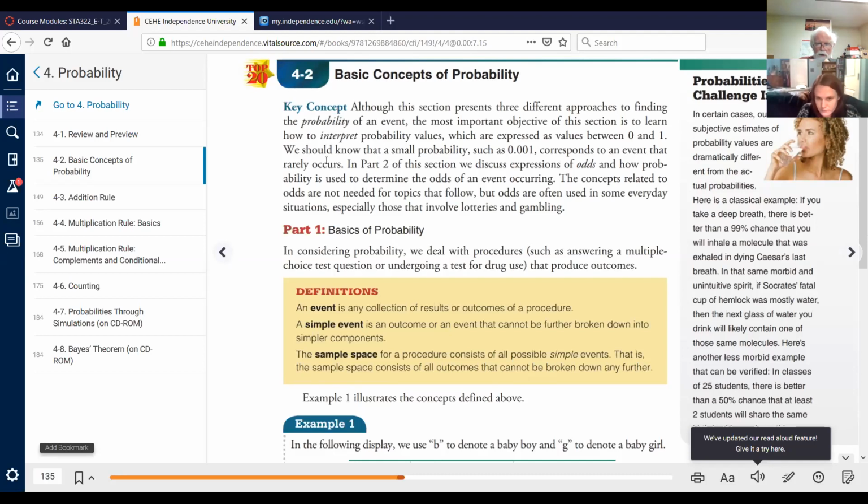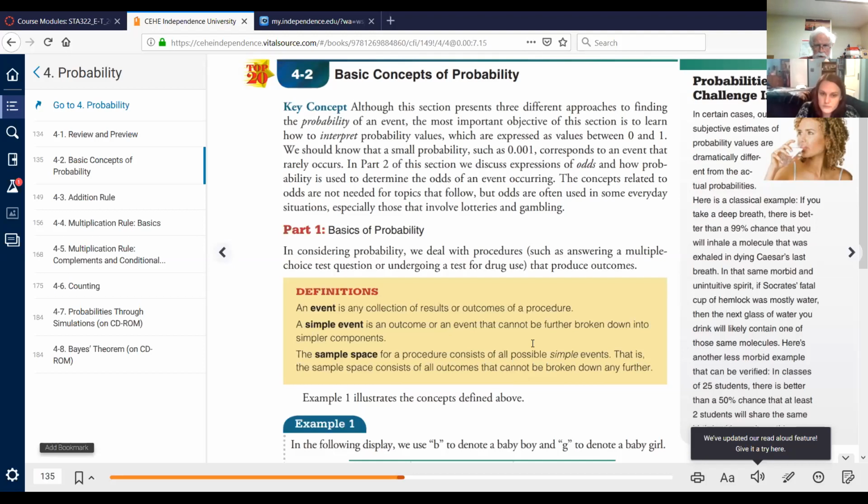A simple event is something that can't be further broken down. Rolling a die, it bounces and it comes up anywhere from 1 to 6. So those are simple events. And then a sample space consists of all possible simple events. Well, in rolling a die, there are 6 possible simple events.